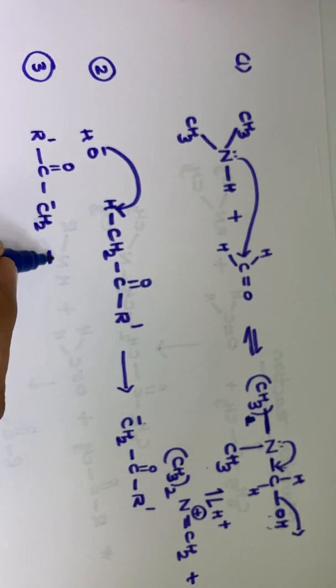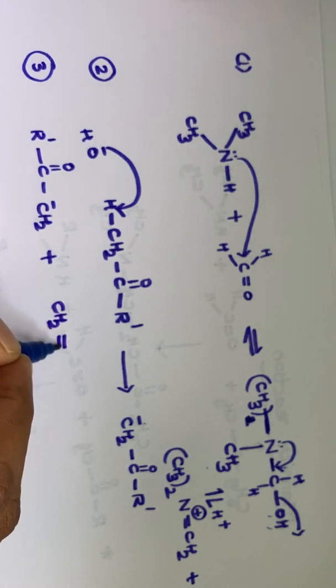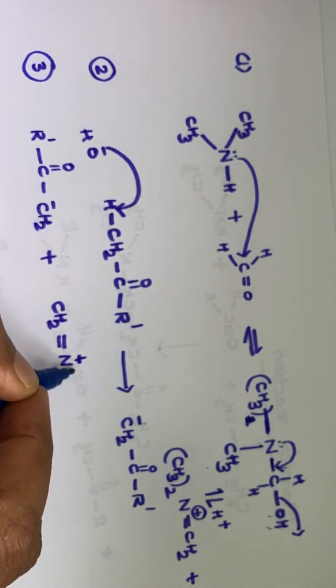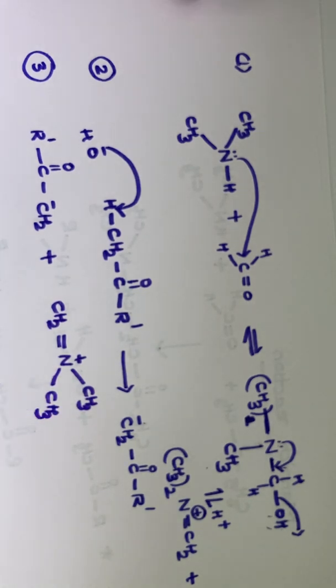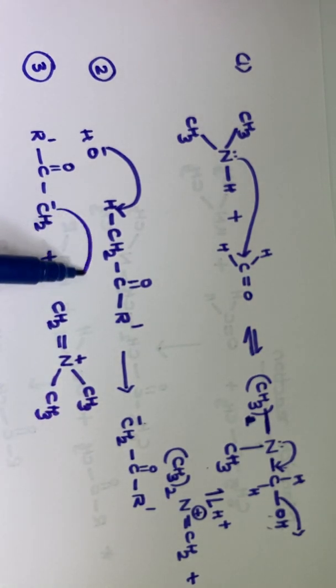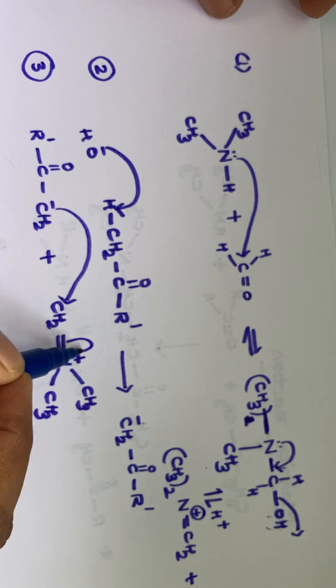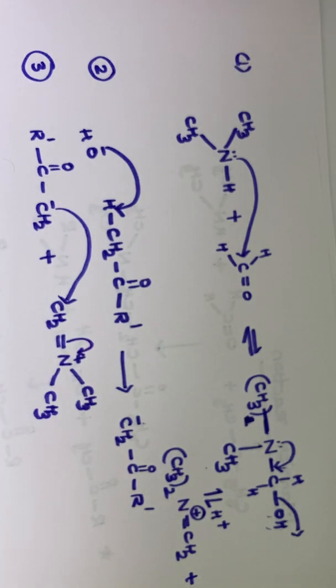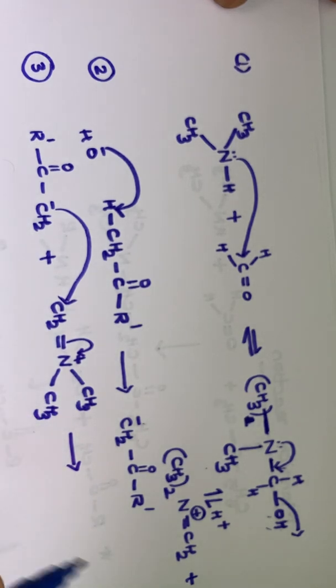Plus we have this molecule, that is CH2 double bond N, this molecule. This attacks this carbon, and the electron shifts here. So there will be a bond between carbon and carbon.